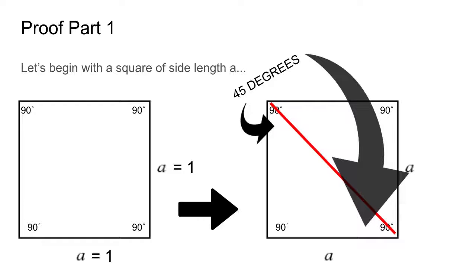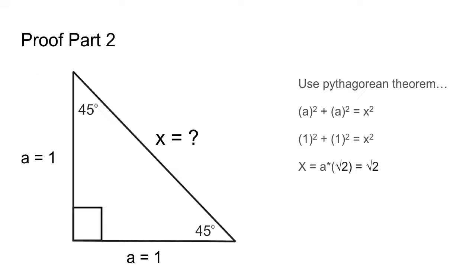If we set our third side to be the variable x, in order to solve for the third side, or the hypotenuse, we have to use the Pythagorean theorem. We get the equation a squared plus a squared equals x squared. In solving this equation, we learn that the diagonal has a length a times root 2.